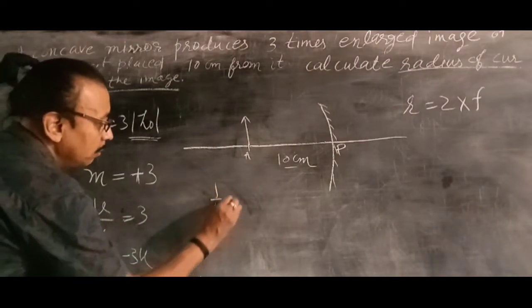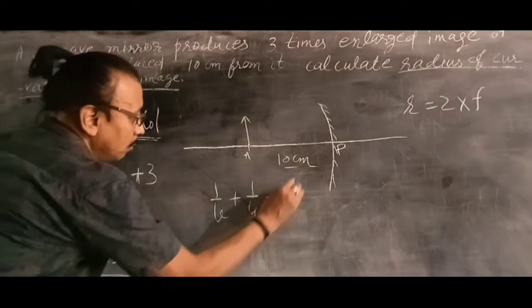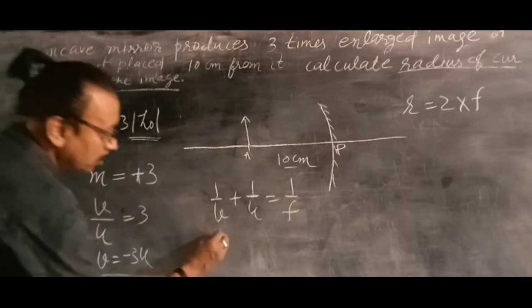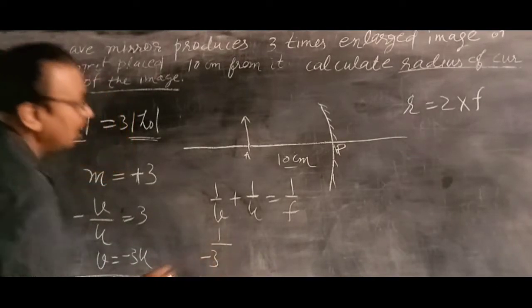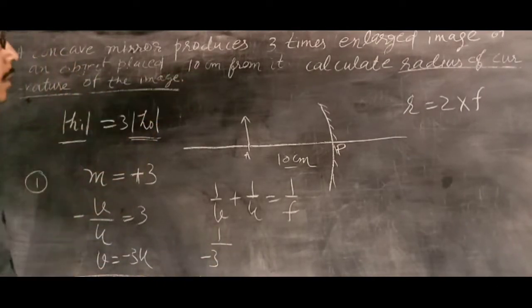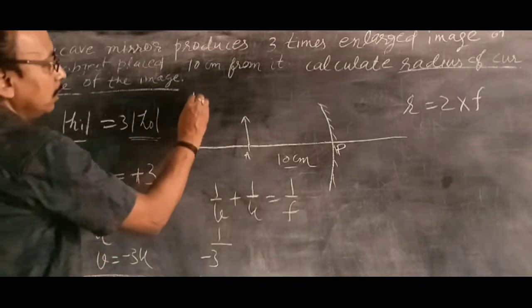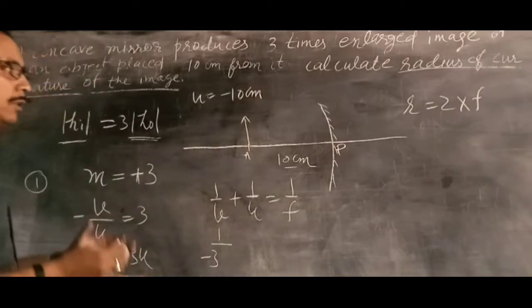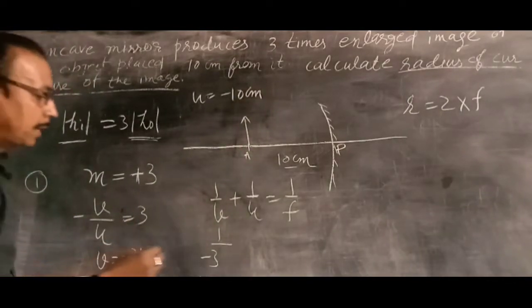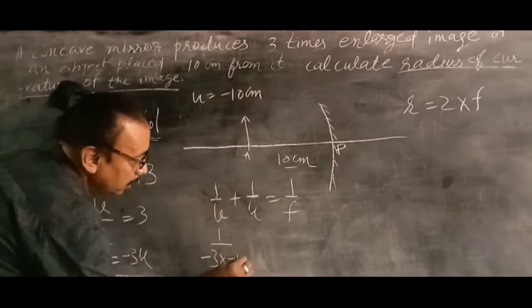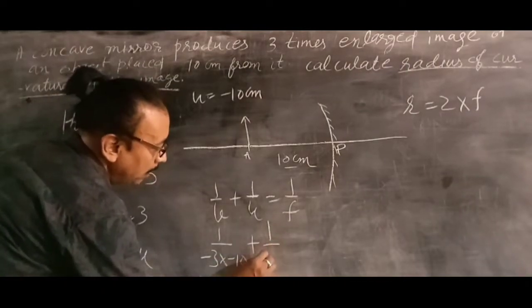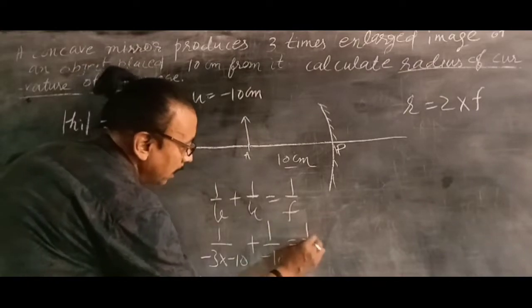1 by v plus 1 by u equal to 1 by f. Here v equal to minus 3u, means minus 3, and u is given 10 centimeter from it. U here, u equal to minus 10 centimeter, because object is always kept to the left of the mirror. Minus 3 into minus 10 plus 1 by minus 10 equal to 1 by f.